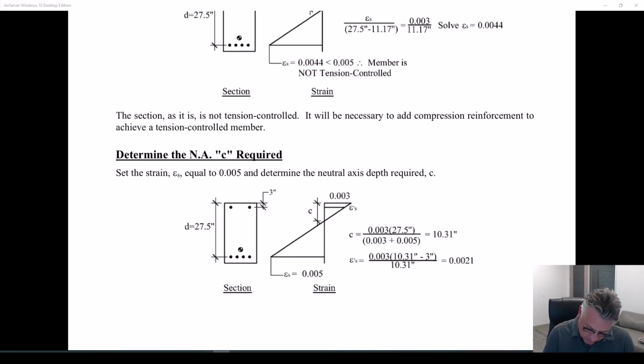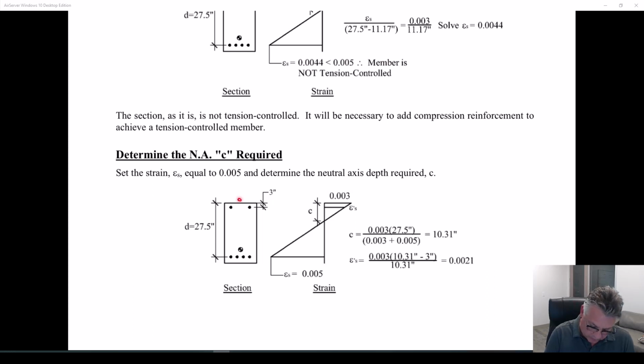Not really. We know that the strain in the steel to be tension controlled needs to be 0.005. So let's set it at that. Just put it there. We always know that the strain in compression in the concrete is assumed to be 0.003. The code tells us that. So we have the strain diagram right there.